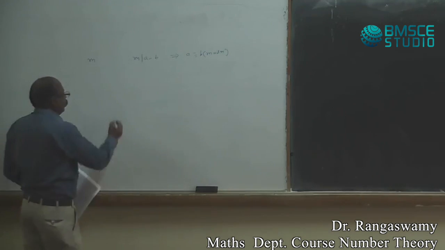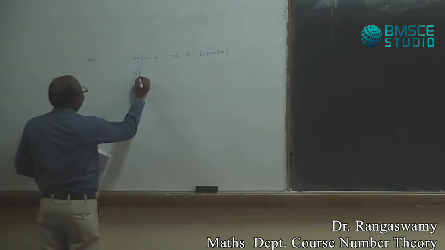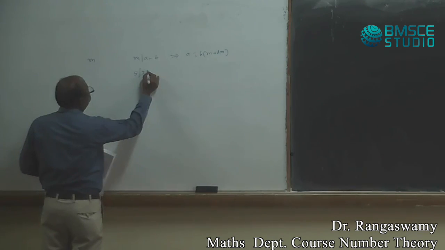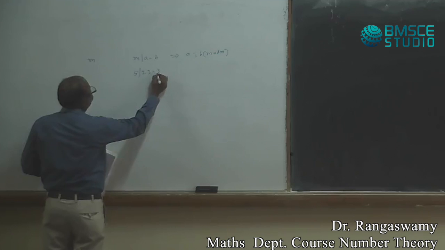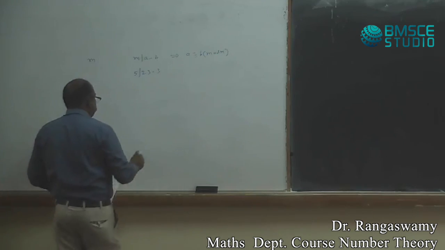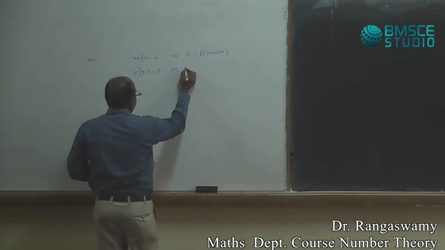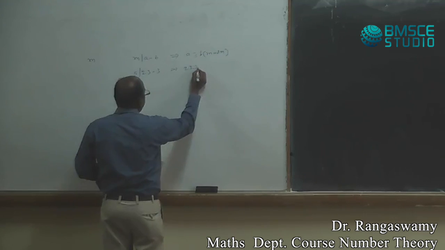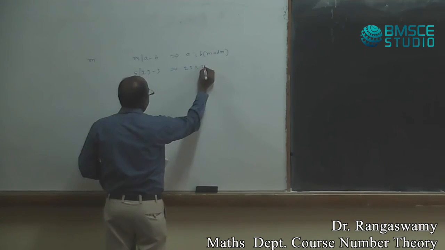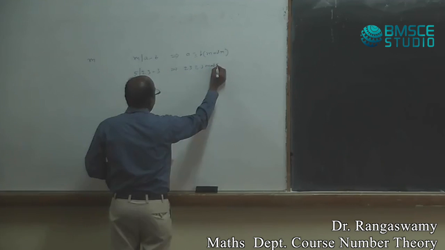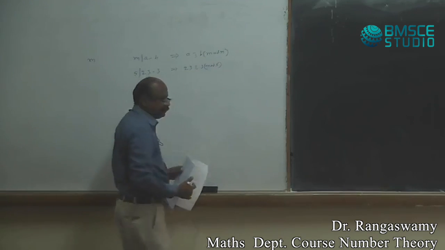Examples: 5 divides 23 minus 3. We can write in symbolic form 23 is congruent to 3 mod 5.